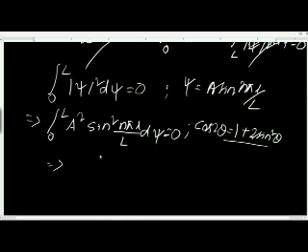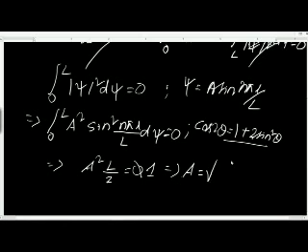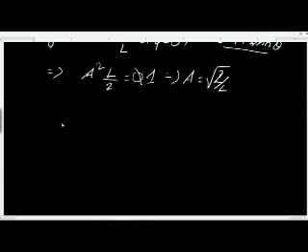So what I have here, finally solving it, is A square L divided by 2 is equal to 1. So I have got A is equal to root over of 2 by L. So this is my A, which I have found out from the normalization condition. So what is my final expression?